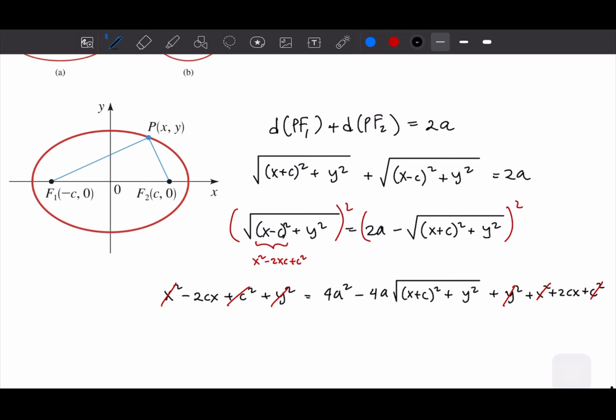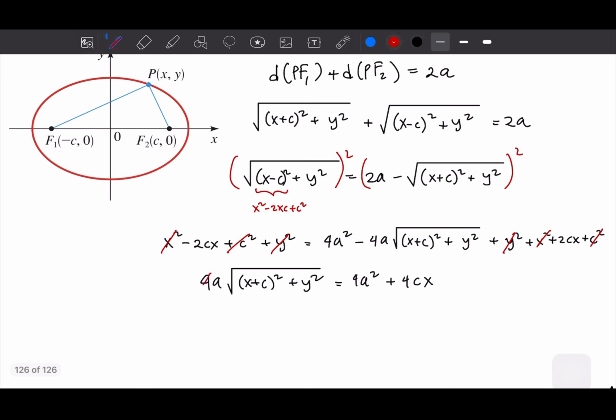Now we can write 4a times the square root equal to 4a squared plus 4cx. Okay, cancelling all four.